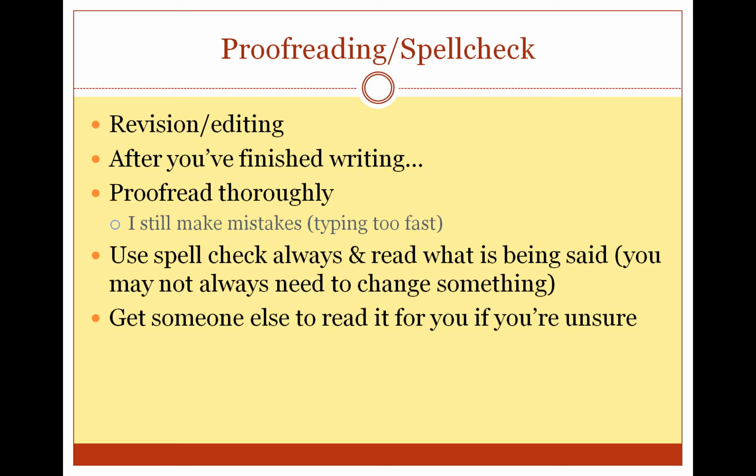Sometimes Spellcheck is incorrect, so you need to make sure that is the mistake and that it's not just asking you to do something you're not required to do, because some things don't need changing. But it is helpful to use Spellcheck and maybe to get someone else to read it as a second pair of eyes, which sometimes will catch something that we miss.